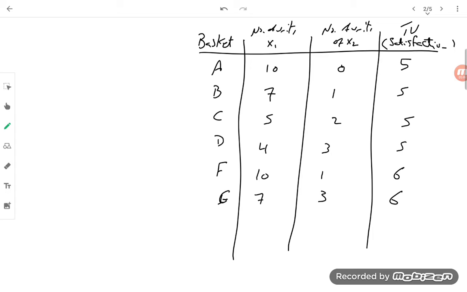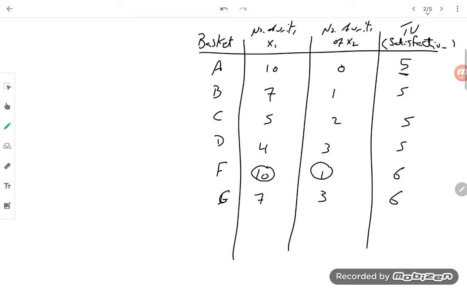So now let's compare between these different bundles. If you are going to consume 10 units of X1 and 0 of X2, you can get an amount of satisfaction equivalent to 5. If you are going to consume 7 units of X1 and 1 of X2, you are going to get an amount of satisfaction equivalent to 5. Now let's assume that you would like to consume 10 units of X1 and 1 unit of X2.